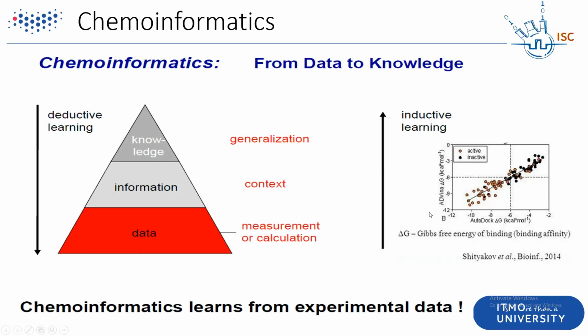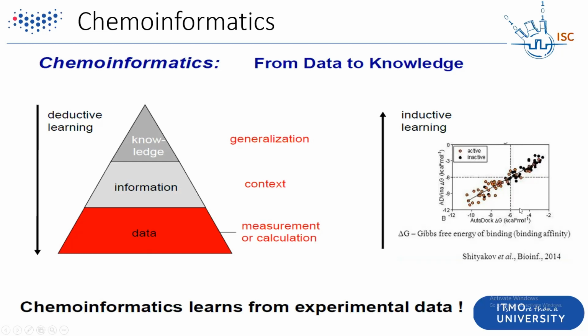And then again, this is the kind of information we have. We have data, and then we can come up to the knowledge. So it's kind of an inductive mechanism. So we have data, we have the measurements, and we have knowledge. This is the knowledge where we have different clustering.